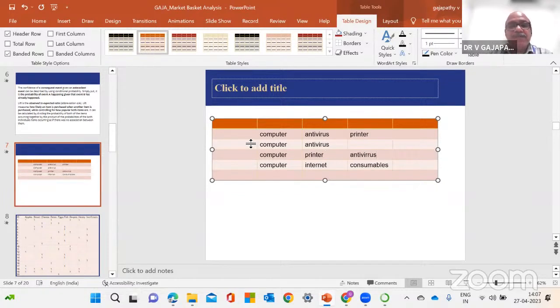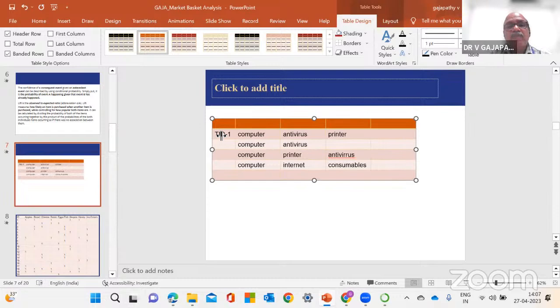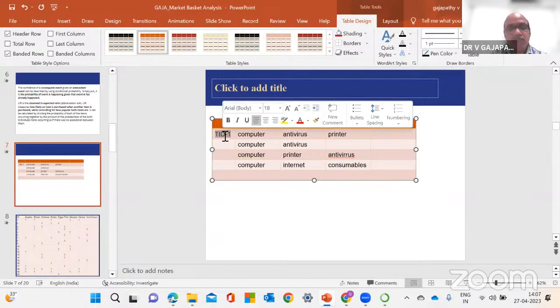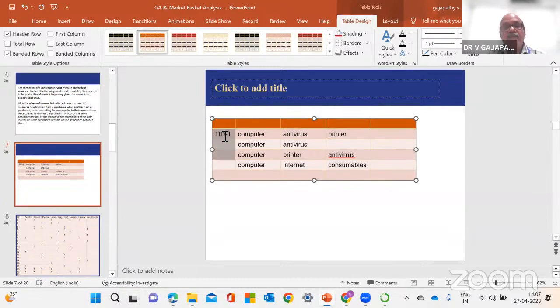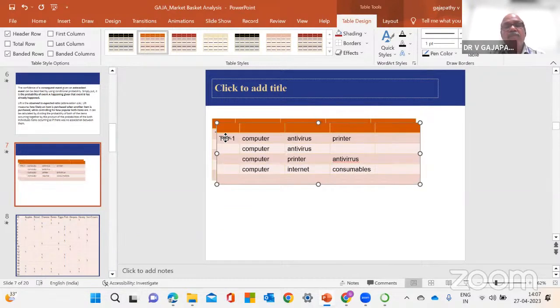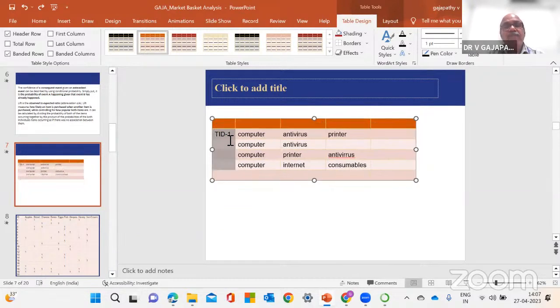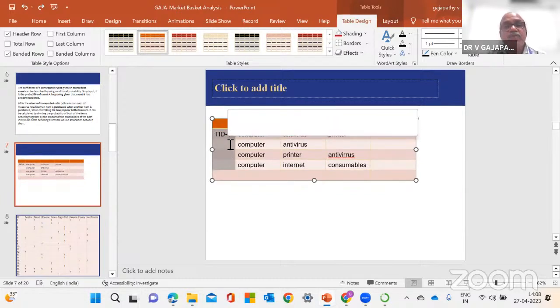Here what we are seeing is an association rule. This one I'm calling TID 1. And then let me check whether it is working or not. TID 2, this is TID 2.